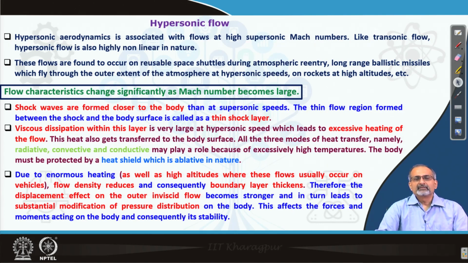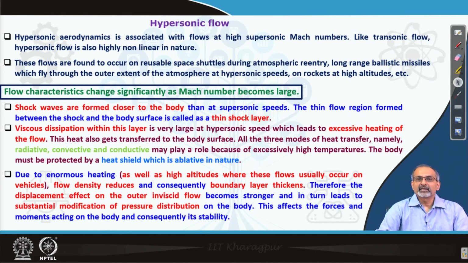Flow characteristics change significantly as Mach number becomes large. This we had talked about even in the first lecture, where we were talking about the parameter beta and what happens if the parameter beta becomes larger and larger.